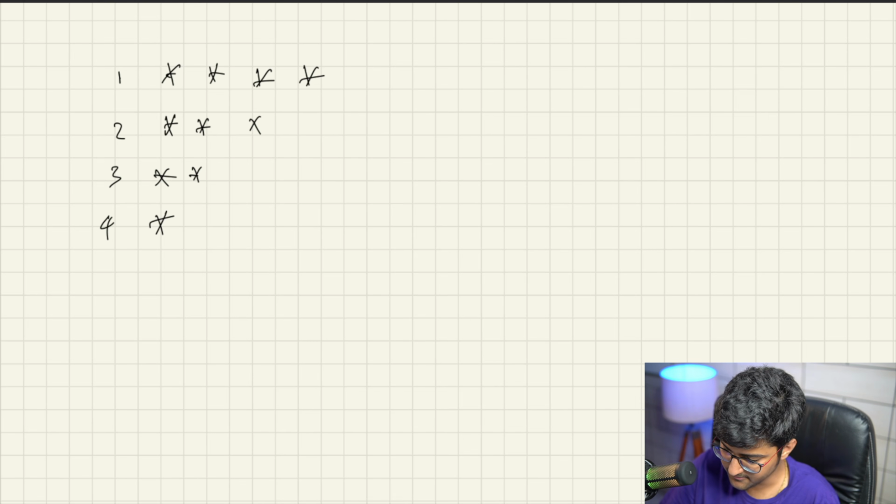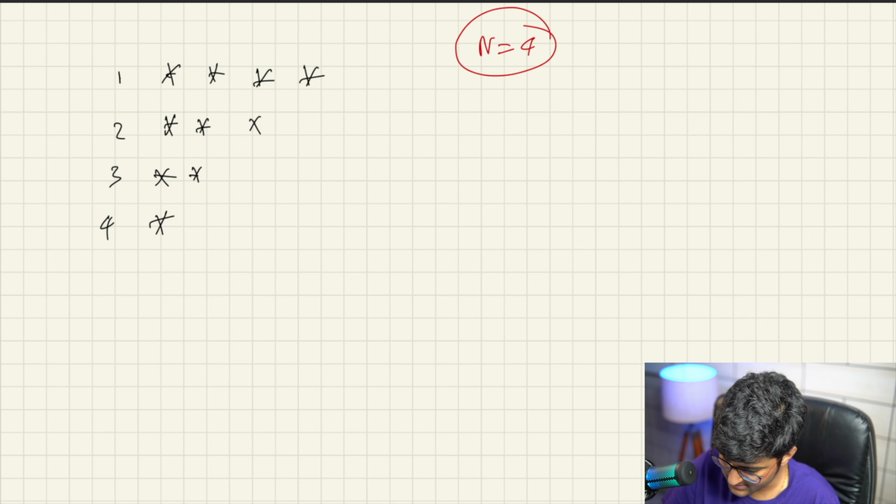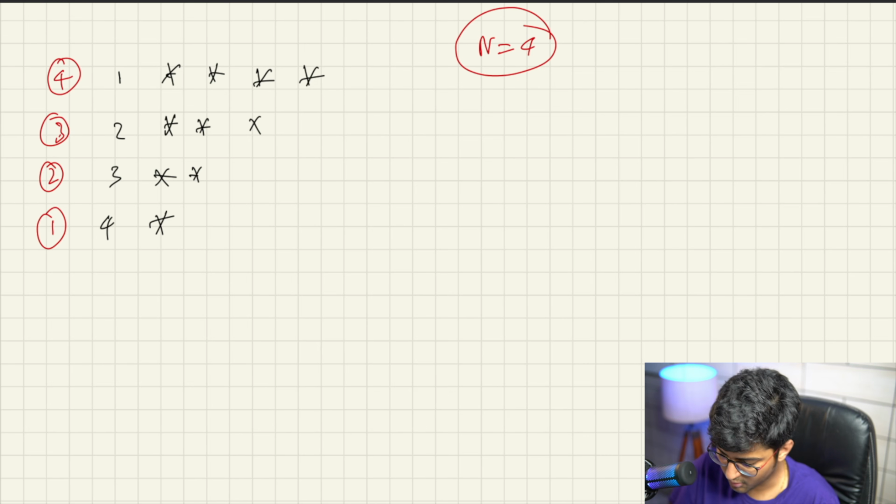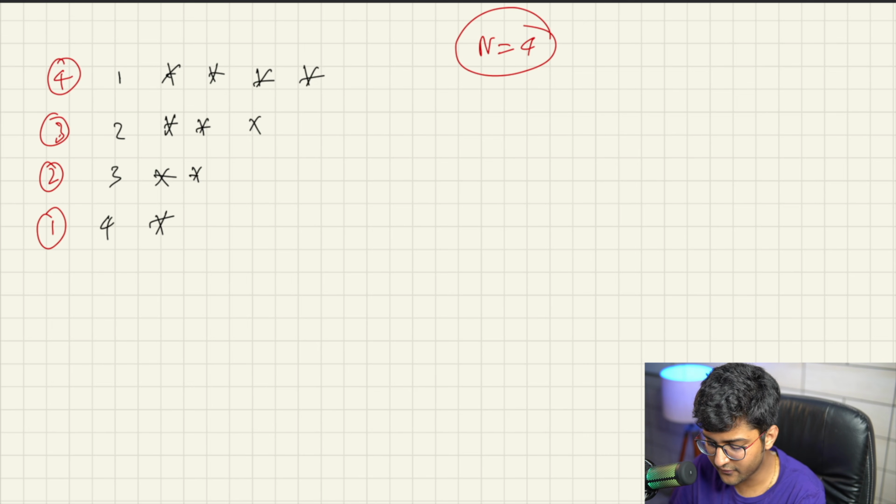For n is equal to 4, this is the output. In row number 1, I have 4 columns, then 3 columns, 2 columns and 1 column. So first of all, you need to find a formula. This is another important point.